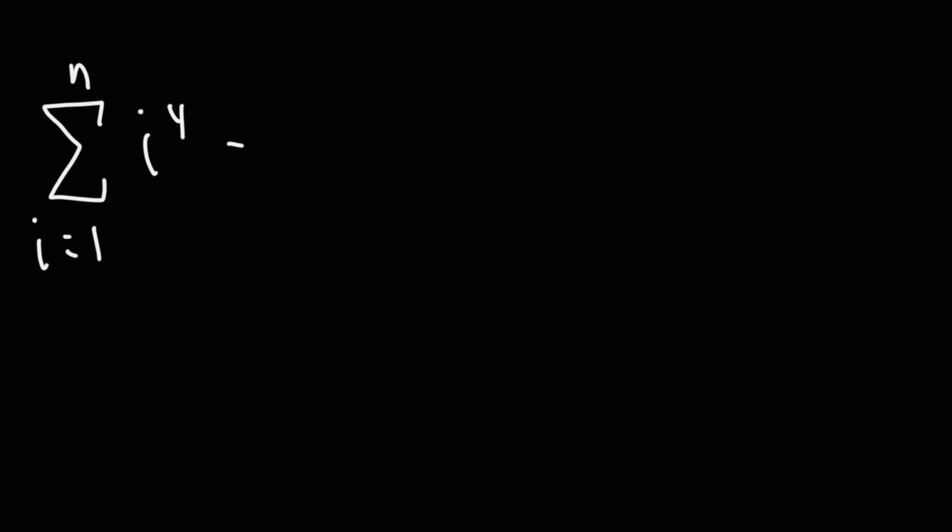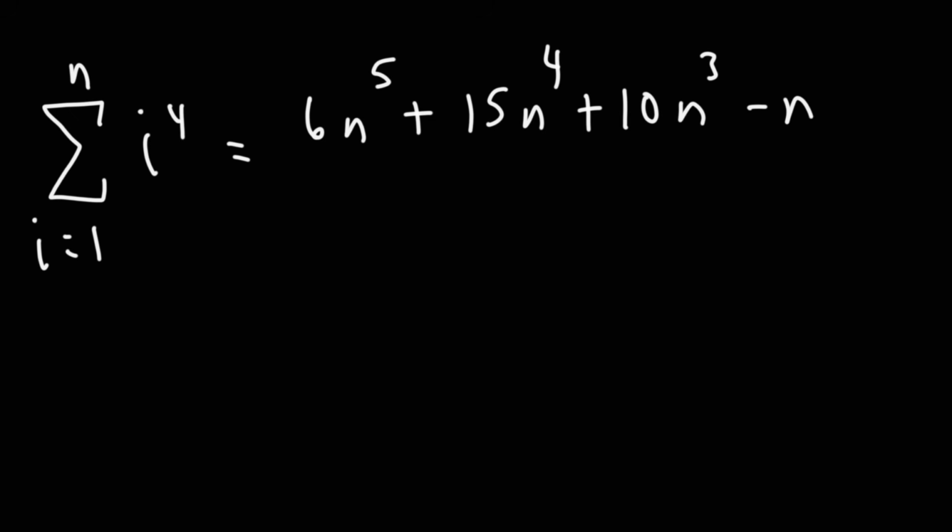Now for i to the fourth, it's going to be 6n to the fifth plus 15n to the fourth plus 10n cubed minus n, all divided by 30.